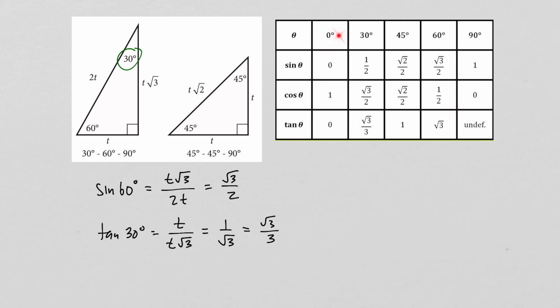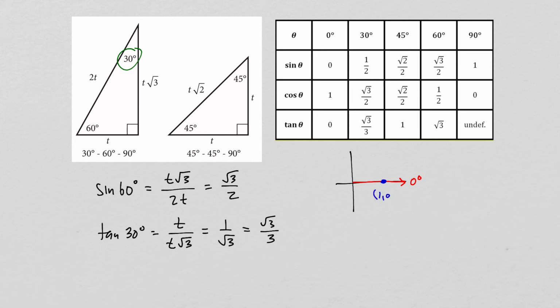And then for 0 degrees, we can use our old definition, right? If I want the sine of 0 degrees, I can't use the new definition for that because there is no such thing as a 0-degree angle in a right triangle. So for 0 degrees, we have to draw an angle in standard position, 0 degrees. We have to pick a point on the terminal side of that angle.